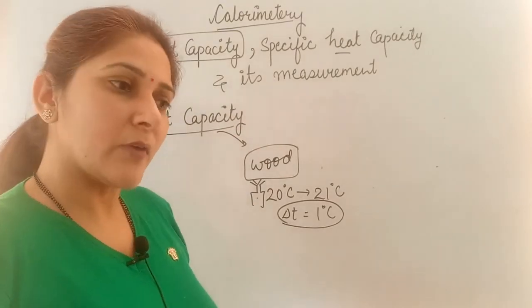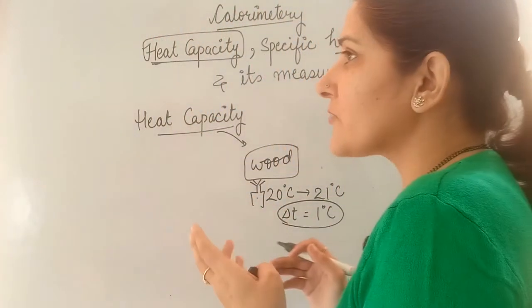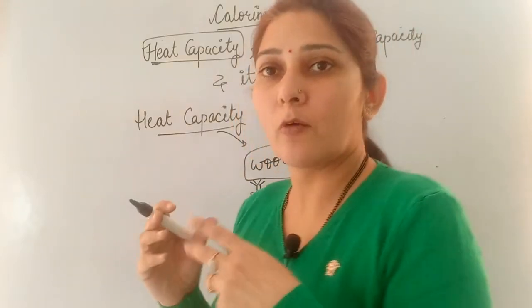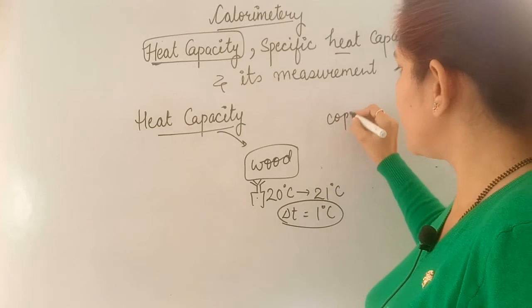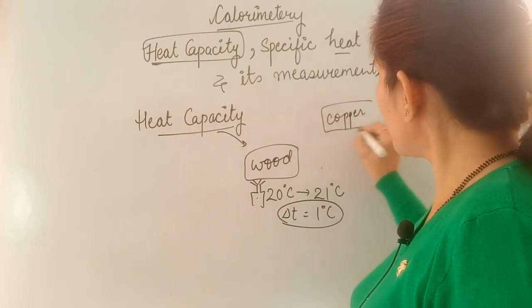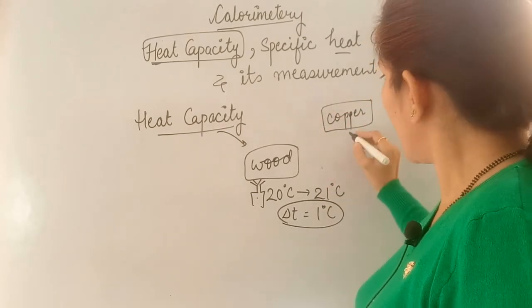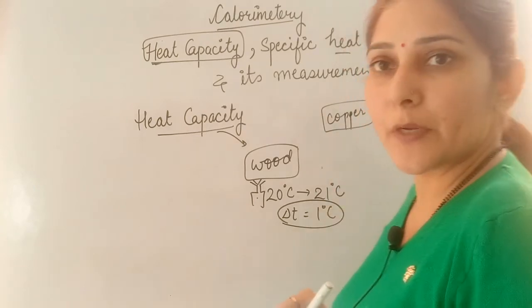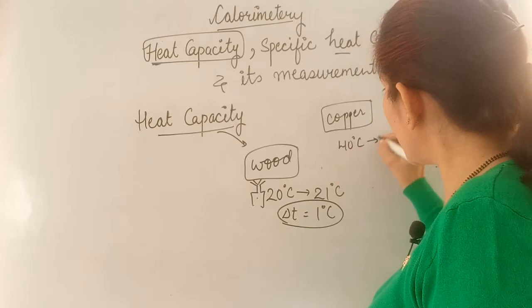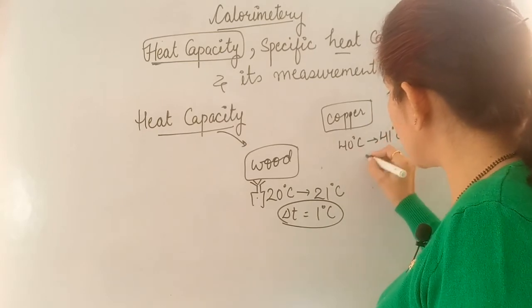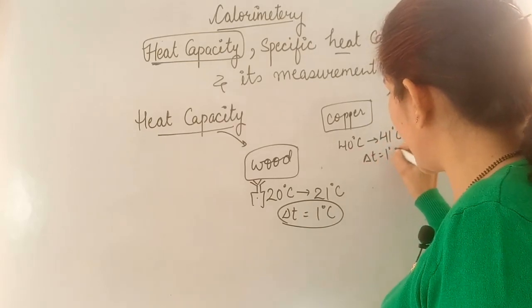Similarly, if I'm talking about any other substance, milk, copper, aluminium, suppose I'm talking about copper. I'm not talking about the amount of copper. Whatever is the initial temperature of the copper, suppose it is 40 degrees Celsius, it has to increase its temperature by 1 degree Celsius. That means delta T is equal to 1 degree Celsius.